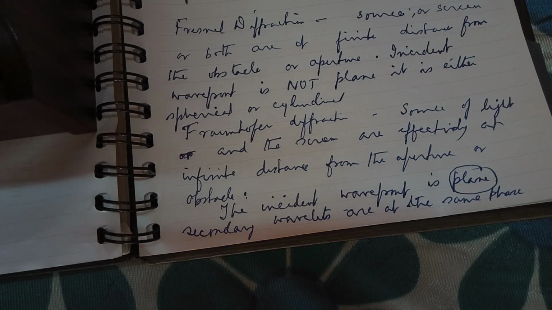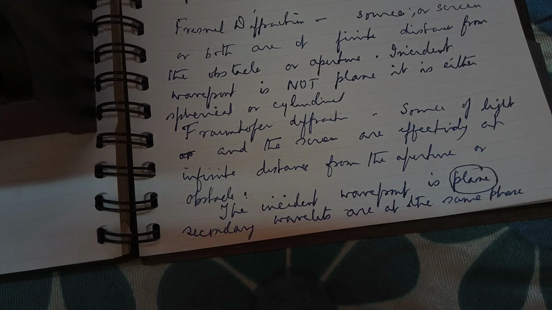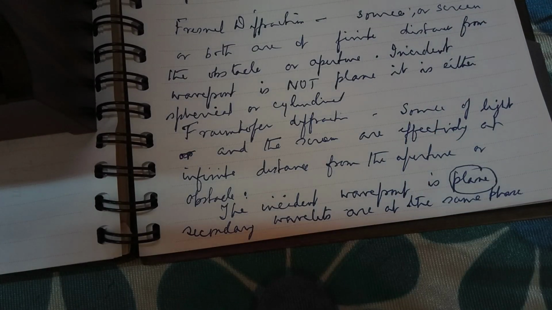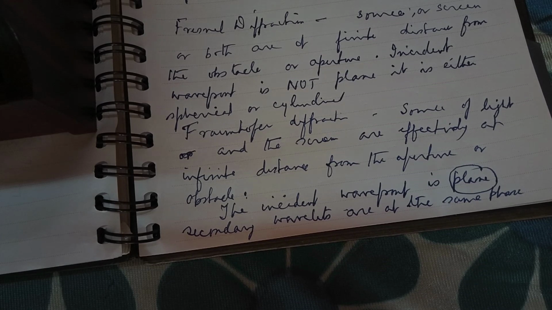Now, if you remember, when we moved to the single slit diffraction phenomena, I will not go into the details of it because I have already done that in your class.